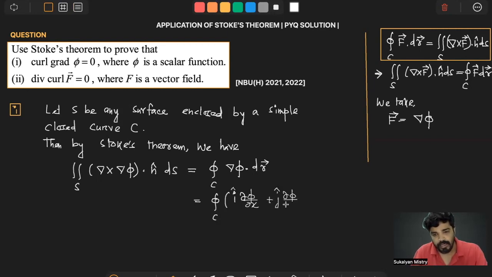What is del phi? Del phi is i del phi del x plus j del phi del y plus k del phi del z, dot. What is dr? What is r? R is a position vector. R is equal to xi plus yj plus zk. So what is dr?